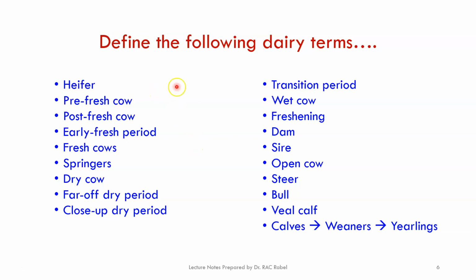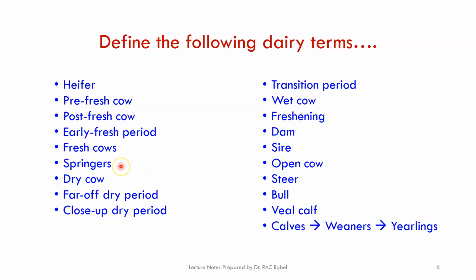Okay, so I would have mentioned most of these terms as we went on, right? But you should know this. If you don't know these terms, look them up. What's meant by a pre-fresh cow? What's a post-fresh cow? What do you mean by the early fresh period? What is freshening?